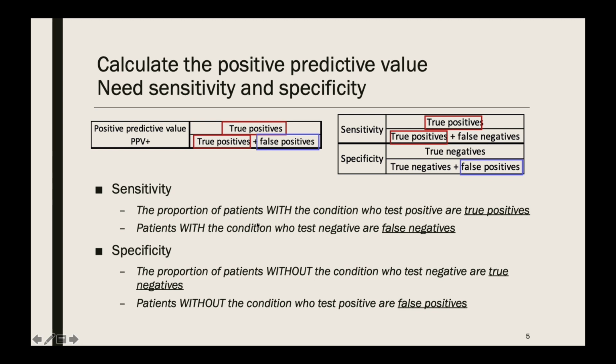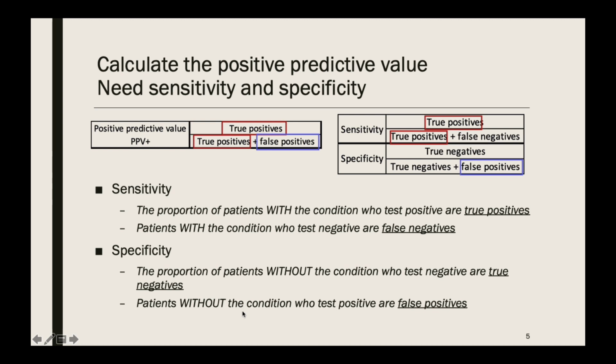And these values are obtained by looking at the sensitivity and the specificity. Sensitivity, just to remind you, is the proportion of patients with the condition who have a positive test. These are true positives. Test is positive and the patient has the condition. But there will also be patients with the condition who don't have a positive test, and we call them false negatives. That is falsely negative because they have the condition.